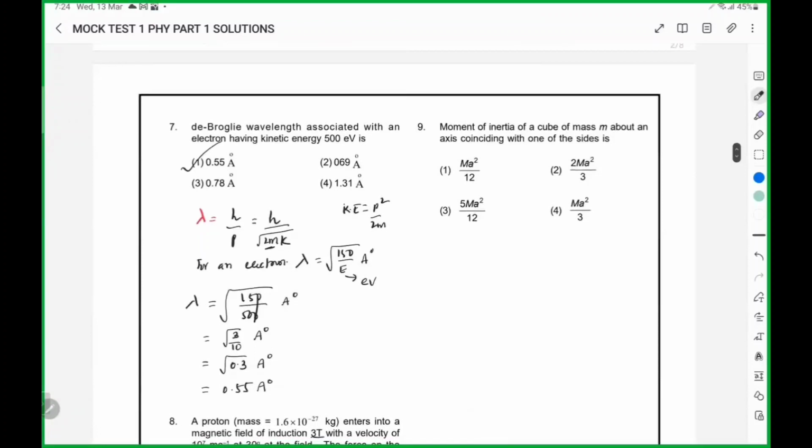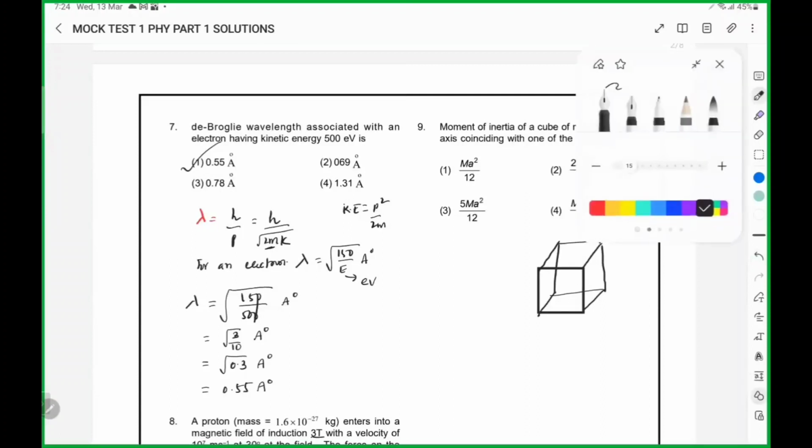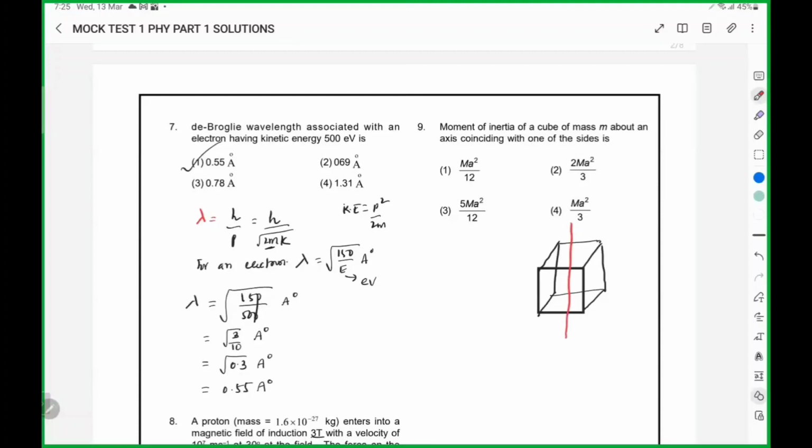Now the moment of inertia of a cube. The moment of inertia of a cube about an axis passing through the center of the cube is m a square by 6.